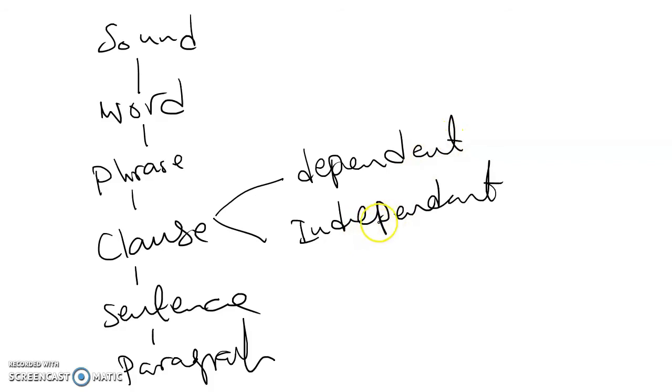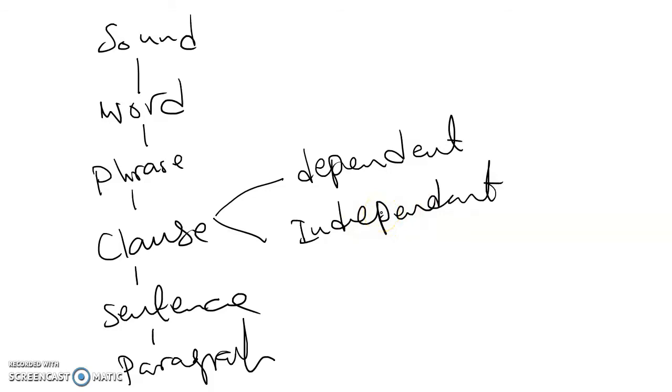Whereas for the independent clause, it is actually a sentence with a complete, meaningful clause. I mean, it has a good meaning. Now, once we're talking about the dependent or the independent, it means that sometimes we need to link them. So to link these clauses with each other, we need some tools.